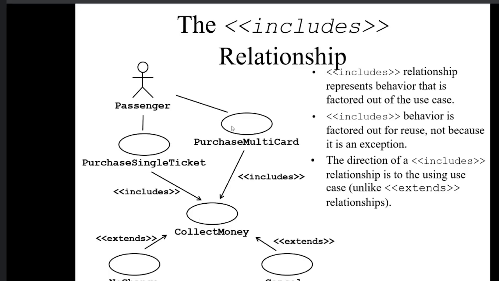So this collect money has been kept separately, and it can be used by this use case. Here it is includes. Includes means it will always use this collect money use case whenever it is not having any exception.